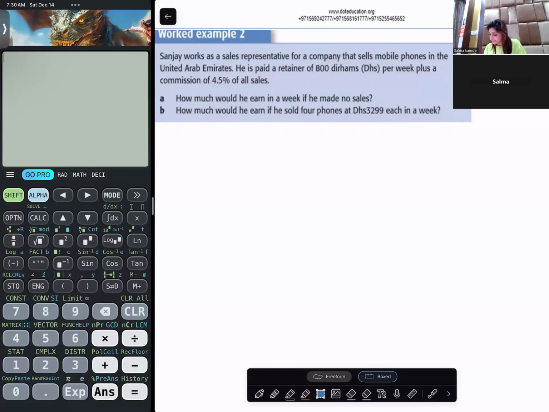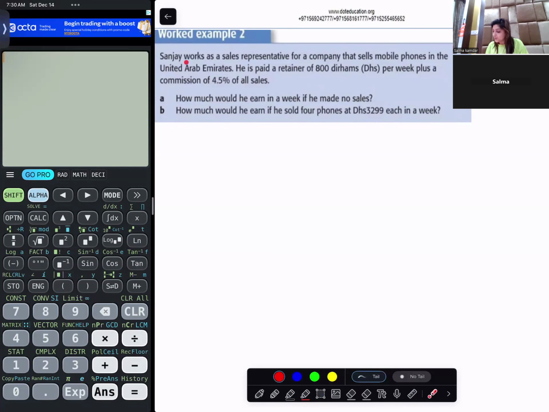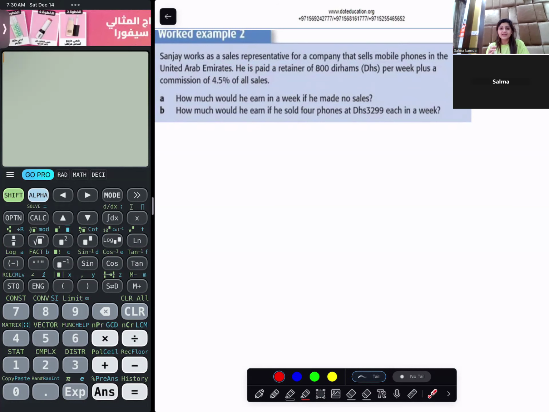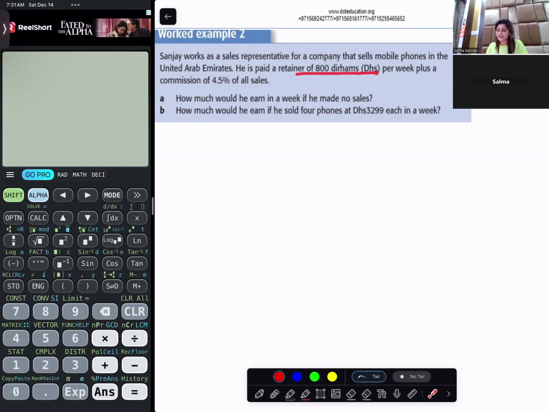Look at our example number 2. Sanjay works as a sales representative for a company that sells mobile phones. Whenever you're doing sums with me, it's ideally advised that you first pause the video, try the sum yourself, and then solve it. Okay? So here, Sanjay is working as a sales representative for a company that is selling mobile phones in UAE. He's paid a retainer of 800 dirhams per week.